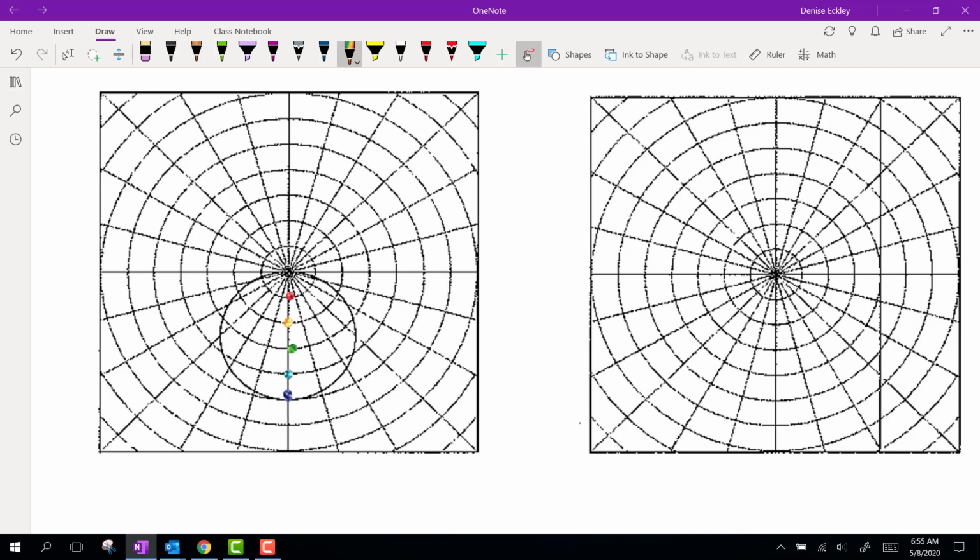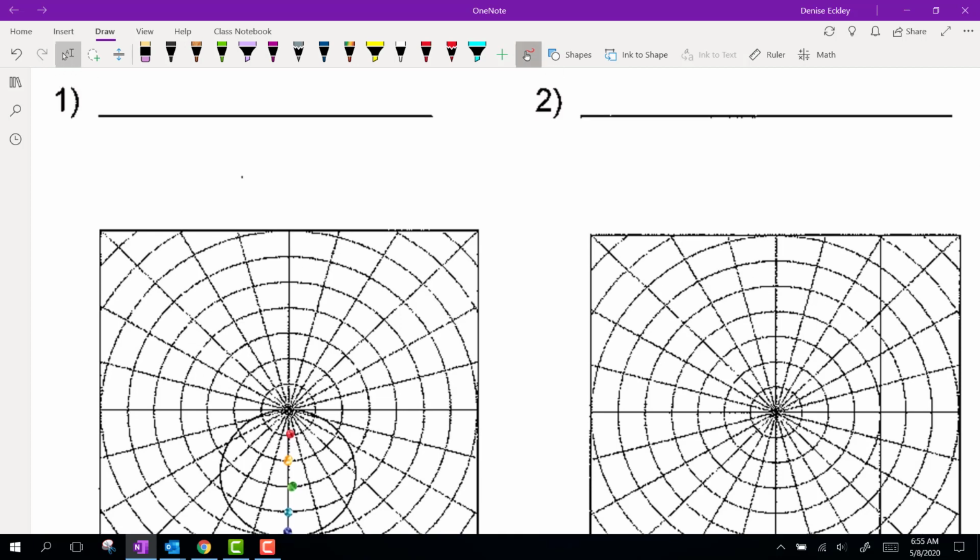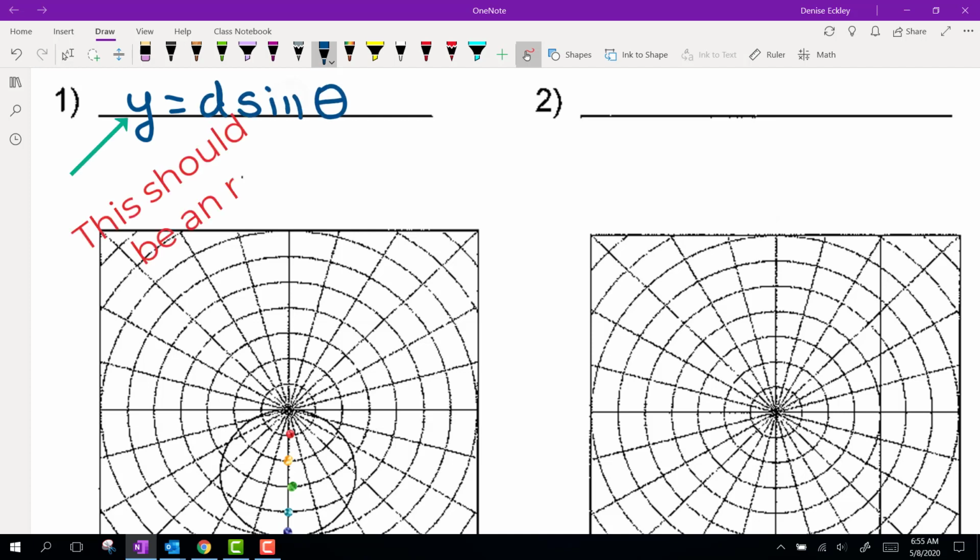And so we can also see that it is along the y-axis. So our equation is going to look like this. So it's going to be of this form: y equals d sine theta. But two things to note is that you have to find your d, which we did.